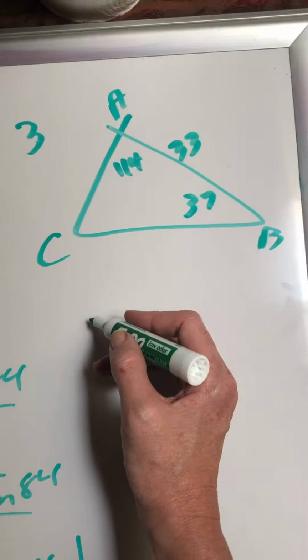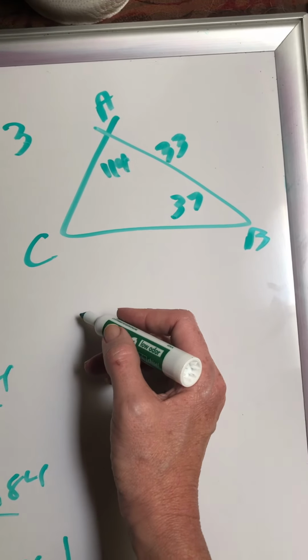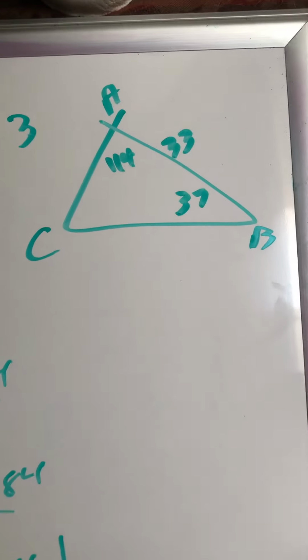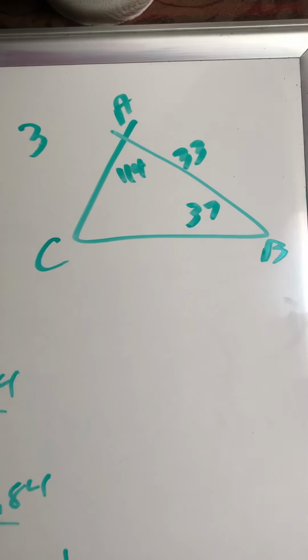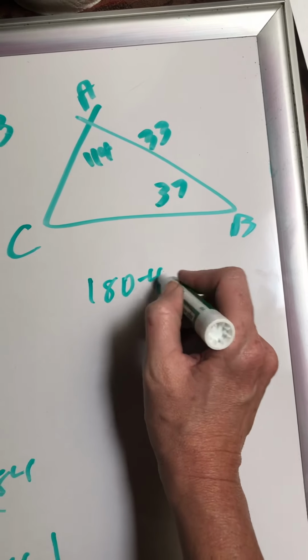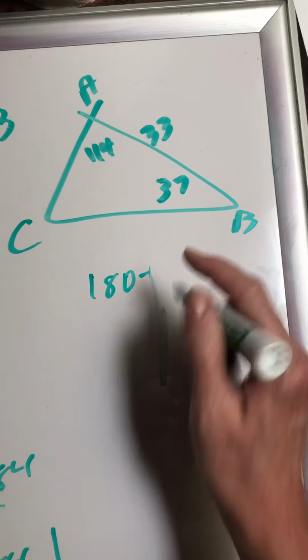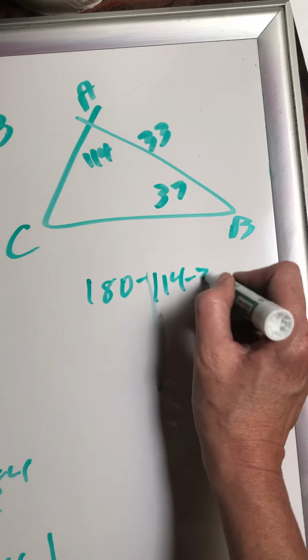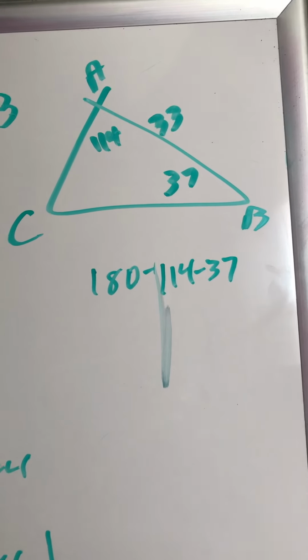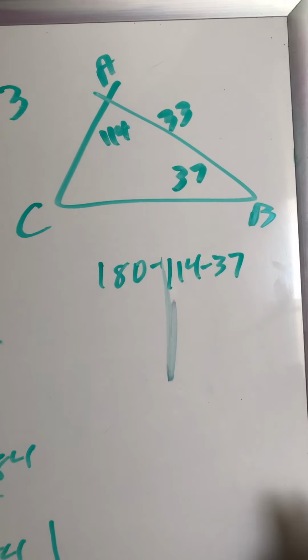I've got 33 and I don't have this angle measure, so I've got to find that angle measure first, which is just an easy subtraction from 180. So 180 minus 114 minus 37 is 29.